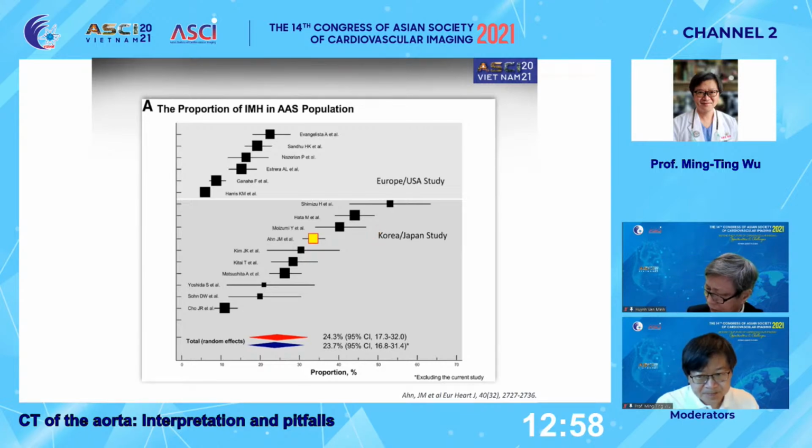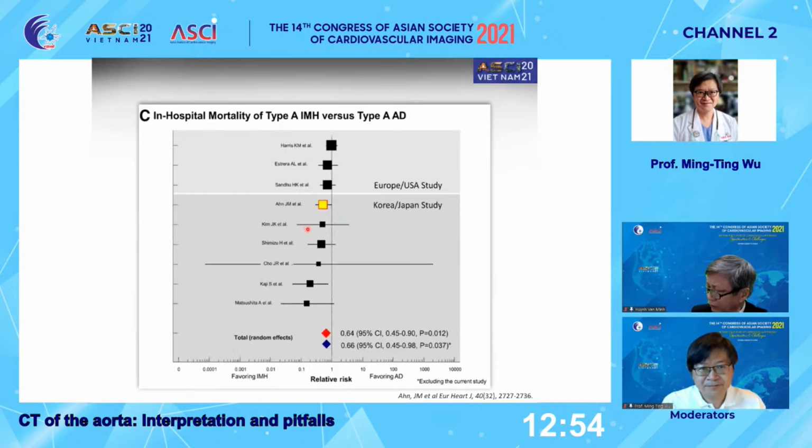So it's more popular in Asia. And the in-hospital mortality of type A IMH in Asian people is also better than in Western people, as compared to aortic dissection.